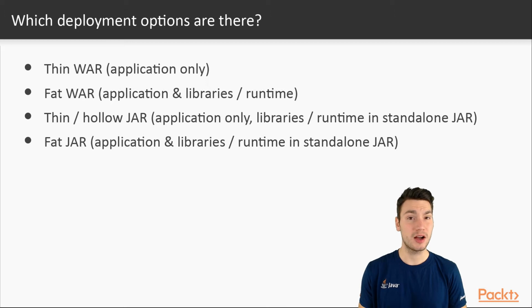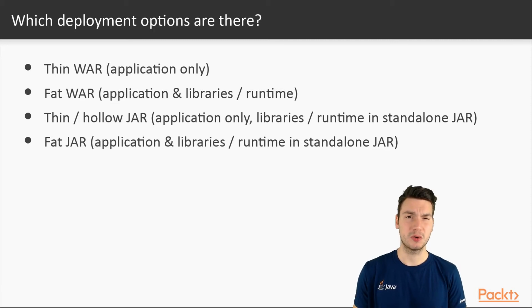We have also jar file deployment approaches, where basically you have standalone jars. That means your runtime, your application server, the container is also included in this jar file and will be shipped as well and then started up usually with variations of java -jar to run that jar file. There are a couple of different approaches there as well.